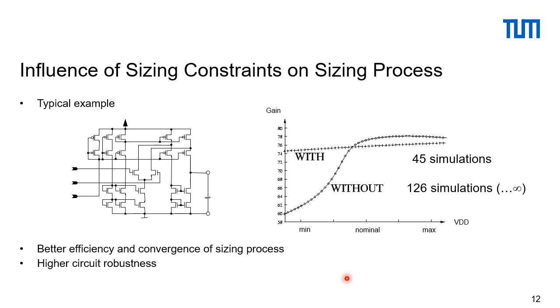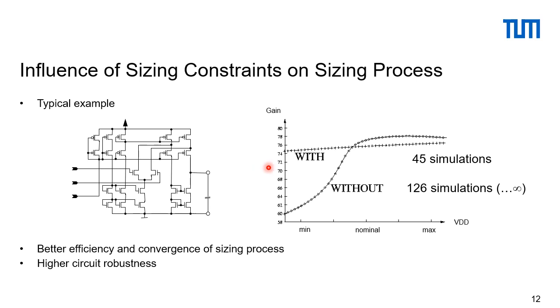But it's not just that the circuit robustness is better, we also get a better efficiency and convergence of the sizing process, right? Not using constraints, it took, in this case, 126 simulations overall, and using the constraints, it was faster, 45, right? Mathematically, more constraints is not more effort, but it is a help to guide the sizing process. It makes it easier for the sizing process.